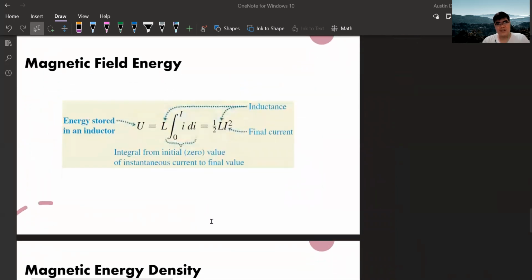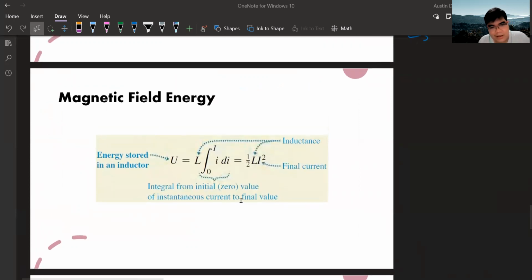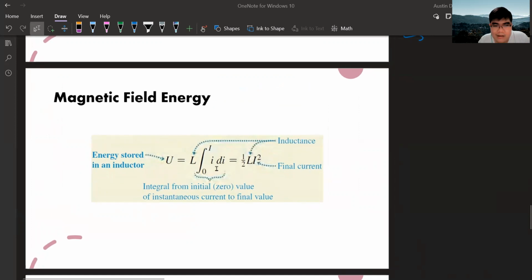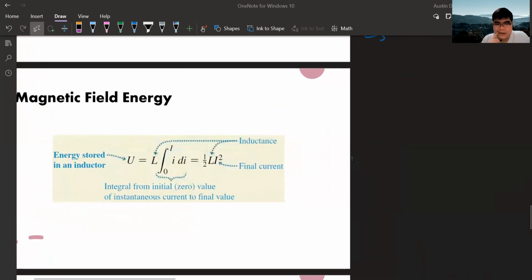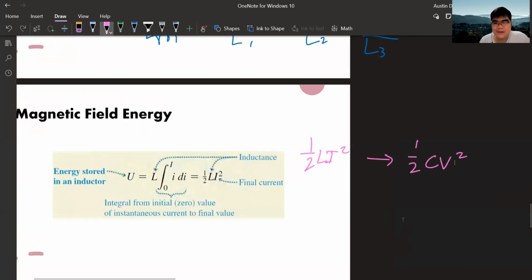Tapos, solve nyo na lang yung energy gamit yung voltage. So on, pero no need to do that again. Pero ang maganda dito, similar siya sa form nung sa capacitors. So you have 1/2 L I squared. Yung sa capacitors, 1/2 C V squared. Diba? Very similar in looks.